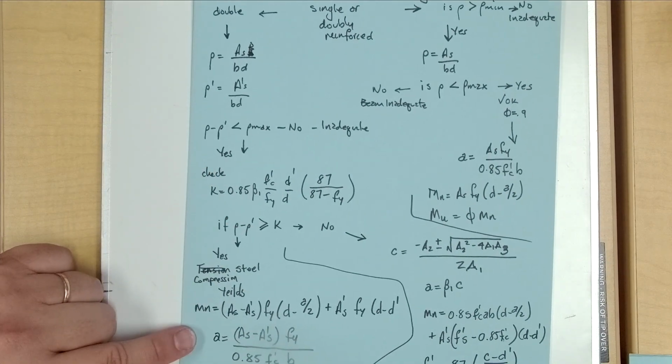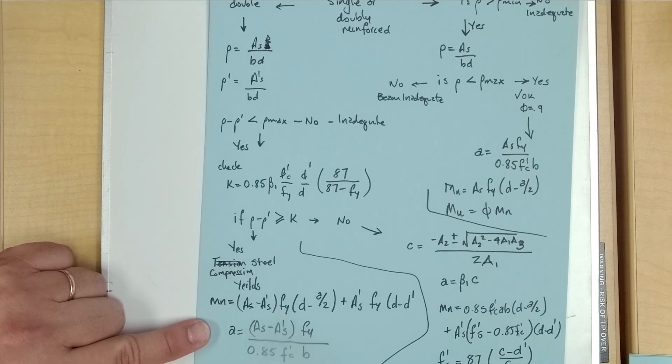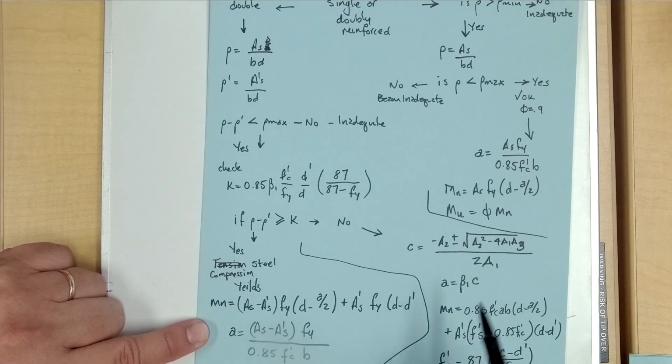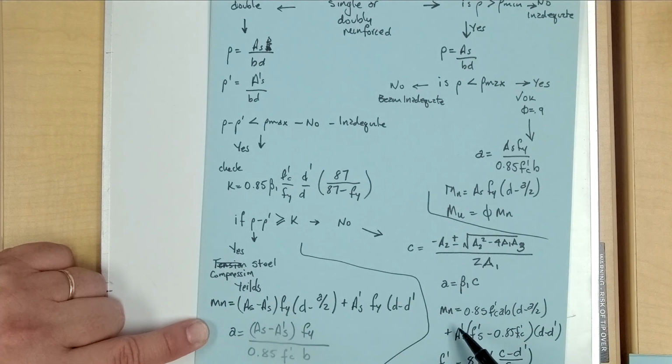And that's for the case where the compression steel yields. If the compression steel doesn't yield, then a is beta 1 times c.